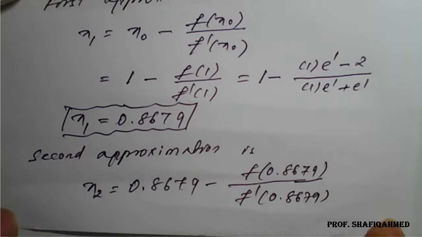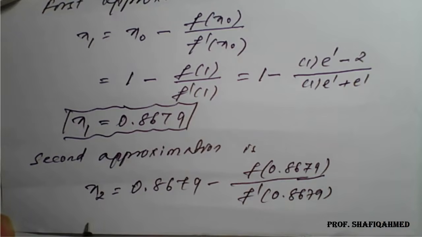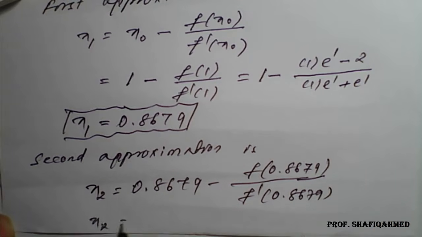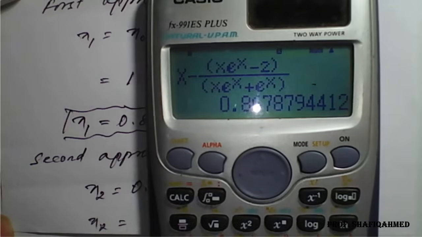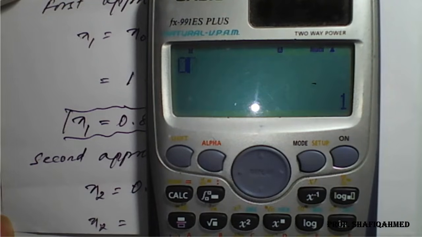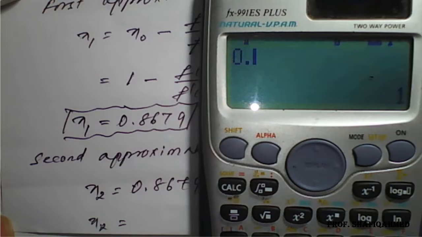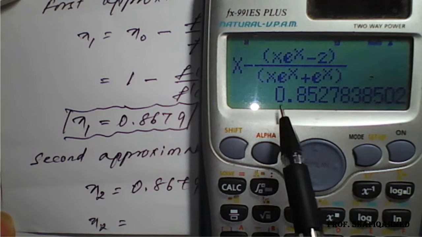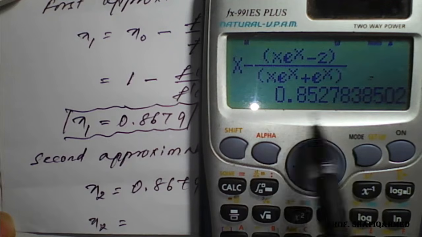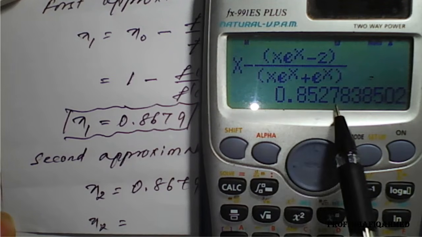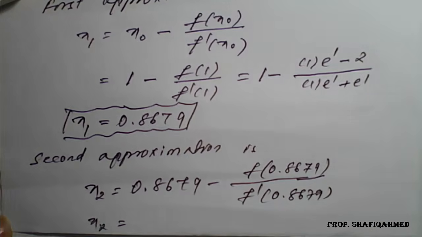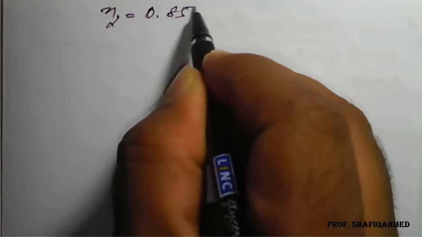Once we get this, just enter the same value here. For x2, go to the calc option and write the value 0.8679 and equal sign. You can find the answer 0.8527 and so on, so we make it 0.8528. So x2 is equal to 0.8528.